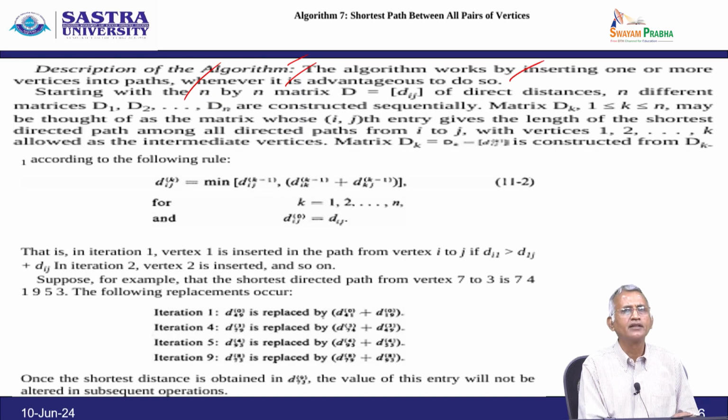The matrix entry Dij gives the length of the shortest directed path from i to j, allowing intermediate vertices.